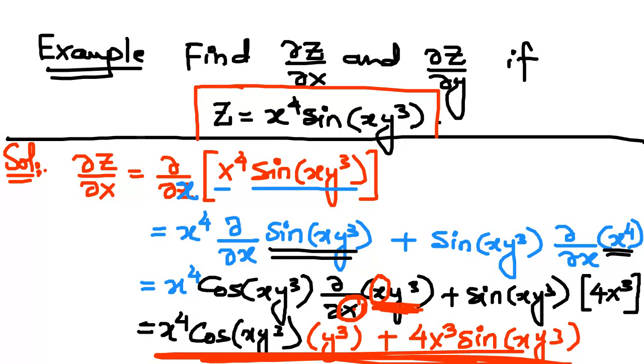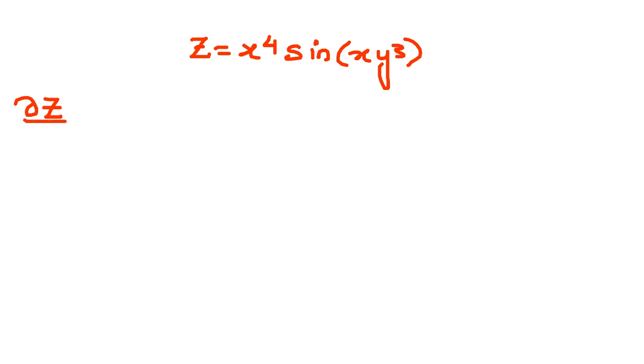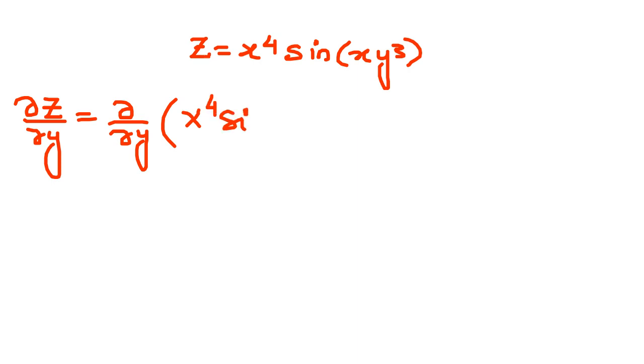Now with respect to y, z is given, which is equal to x power 4 sine of x y power 3. Now what is the partial derivative of z with respect to y? Partial by partial y of x power 4 sine of x y power 3.